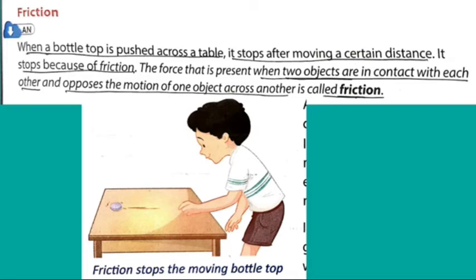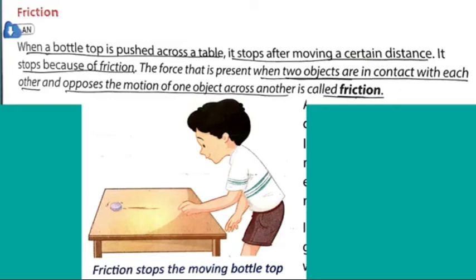The force that is present when two objects are in contact with each other and opposes the motion of one object across another is called friction. The friction force is produced when two objects are in contact. In the picture, the table is the first object and the other object is the bottle cap.